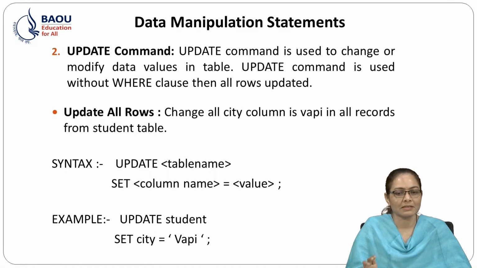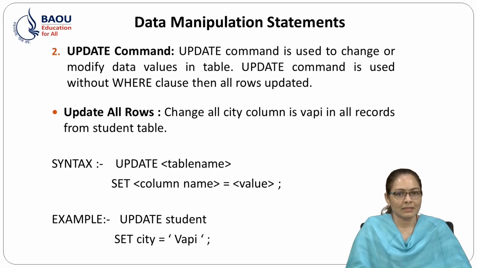So in the student table, all the records have city Vapi. This update command is used to change the city column value to Vapi. So all the records are updated because here we did not include a where condition.